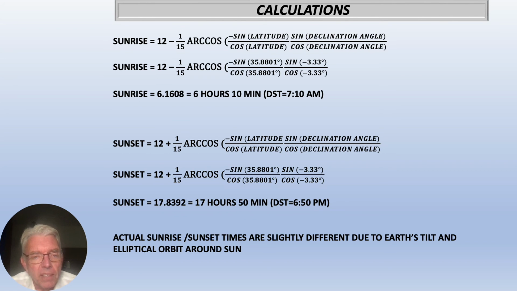The other thing is that the Earth is tilted, okay? We all know that, so that plays into it. And then finally, the Earth's orbit around the sun is elliptical. We're actually closer to the sun in January than we are in July, and so we rotate faster during the winter months than we do during the summer months.